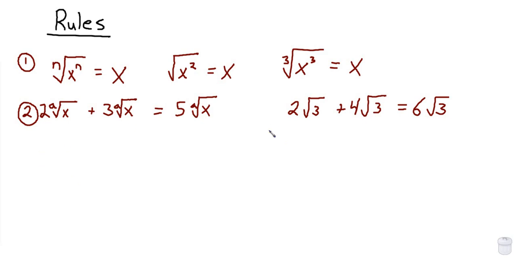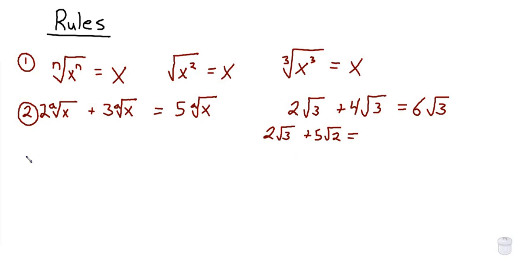We couldn't have 2 of the square roots of 3 plus 5 of the square roots of 2. We can't combine those. Yes, the indexes are the same, they're both the square root, but the radicands are not the same here, the 3 and the 2. We can't combine those. That's already as simple as we can get it.